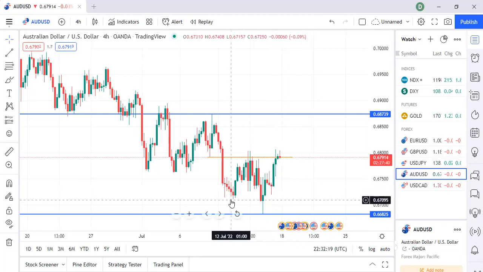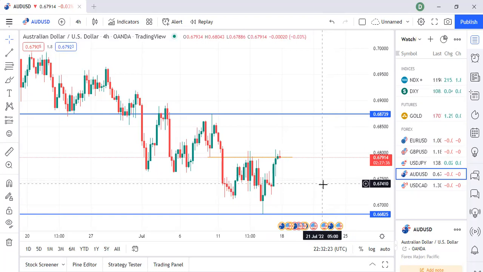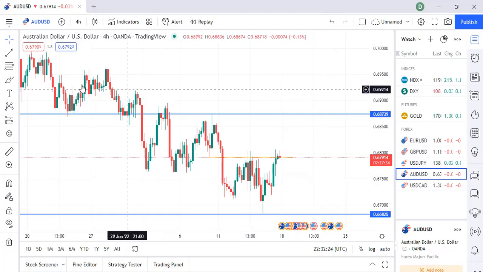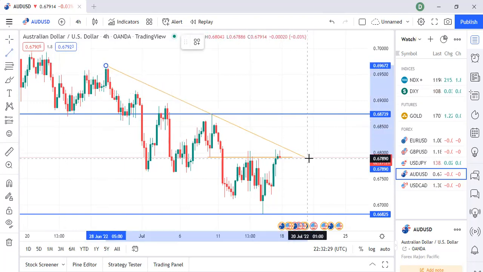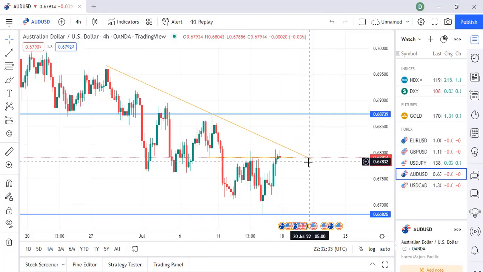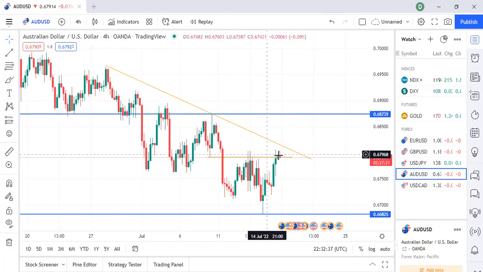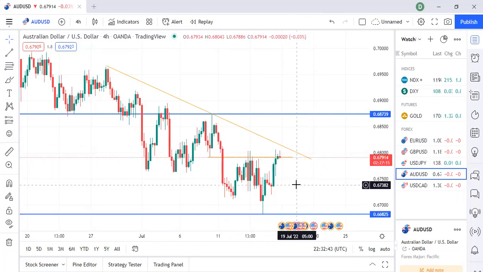So here on AUDUSD, I'm still in my sell bias as usual. You can see price is not breaking the previous highs. So since that is happening, I'm still expecting price to continue respecting the highs and also taking out the lows.